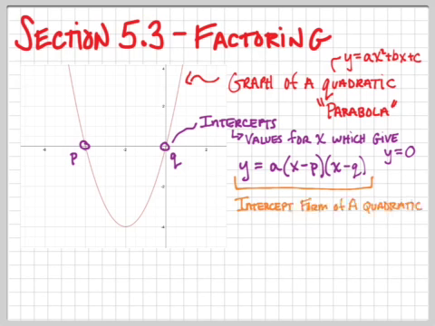We have the general form, our standard form, and then we have the intercept form. And just like we have for a line, slope-intercept, it's the same idea here, right? Except instead of the intercept being the y-intercept, these intercepts are where it crosses the x-axis. These are values that I put in and I get out 0 from my function.